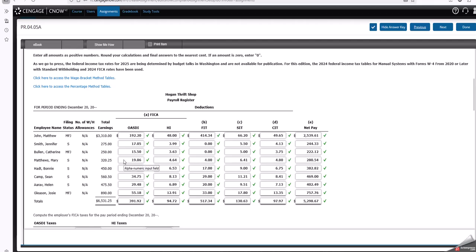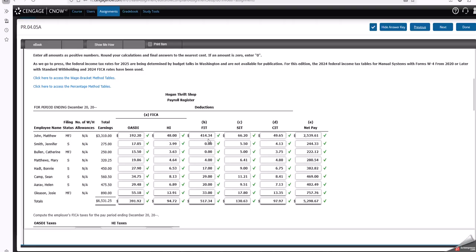So if we take 3,100 times 0.062, that gives us $192.20. Now the whole amount, the 3,310 times the 0.0145, that is 47.995, round that to $48. All of his wages are subject to Medicare.